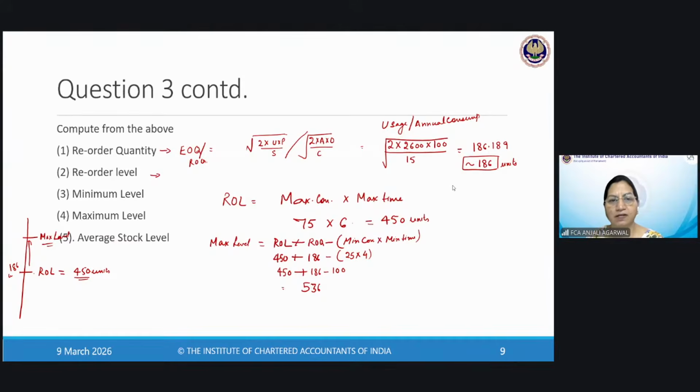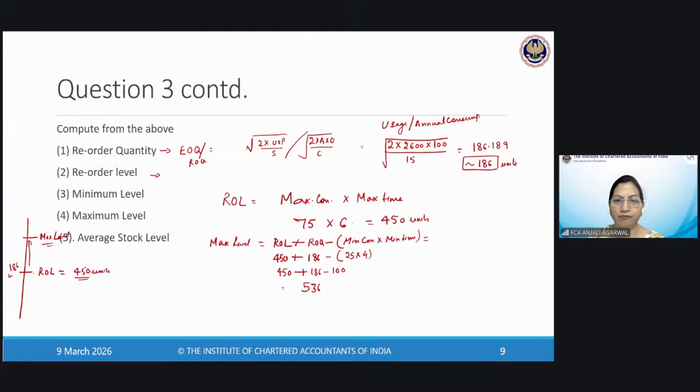25 into 4 is 100. So 450 plus 186 minus 100 should be the answer. Nagarajan, what you are saying is not the correct answer. Maximum level is reorder level plus reorder quantity minus minimum consumption into minimum time.